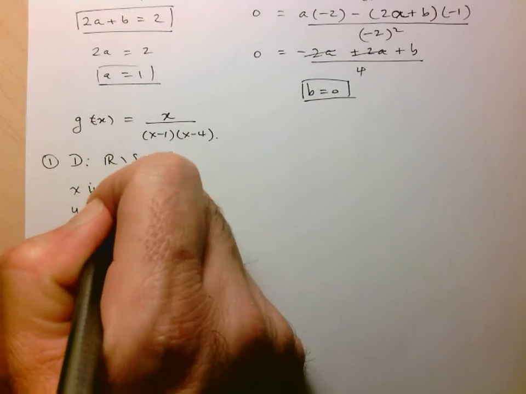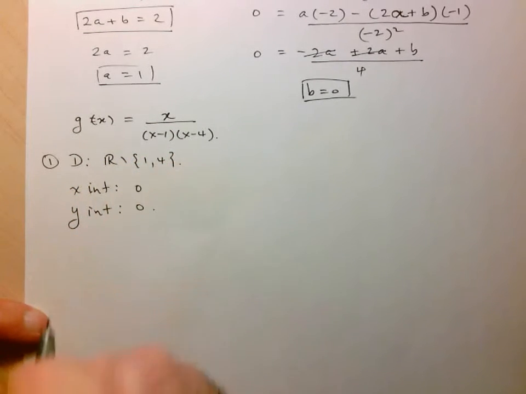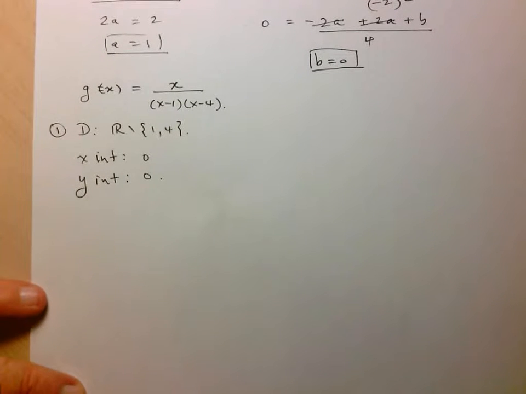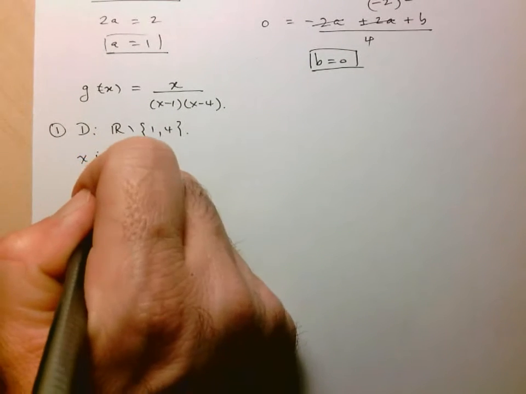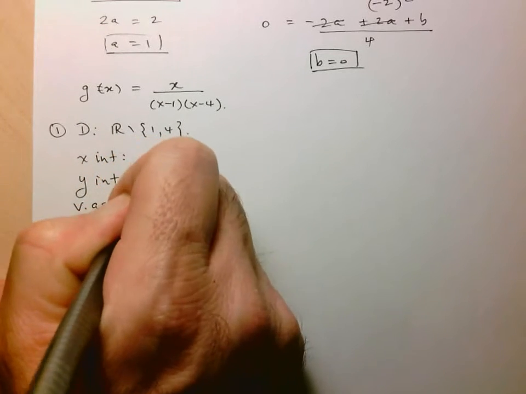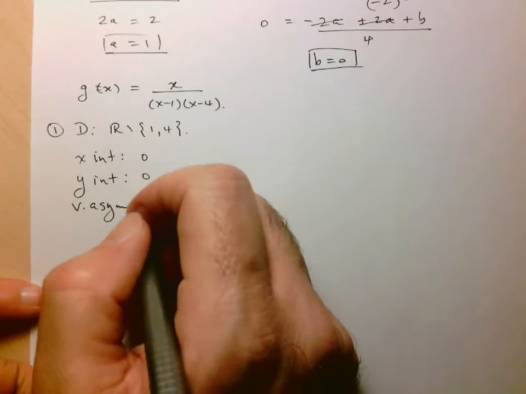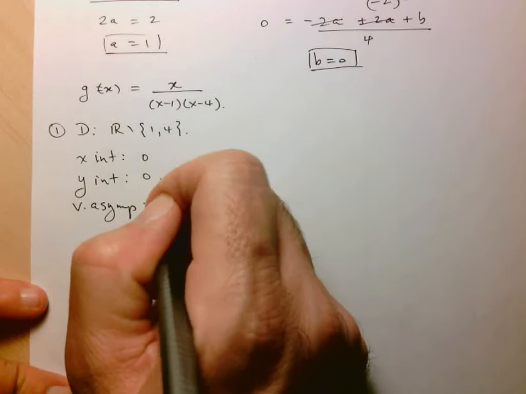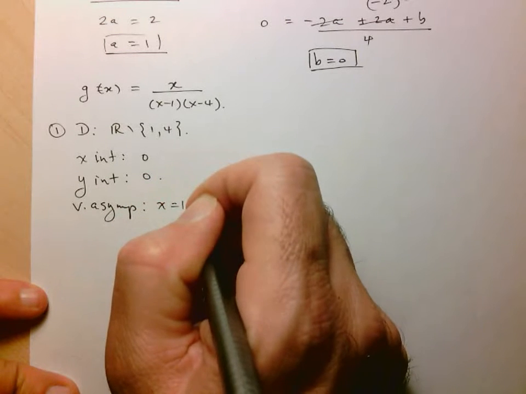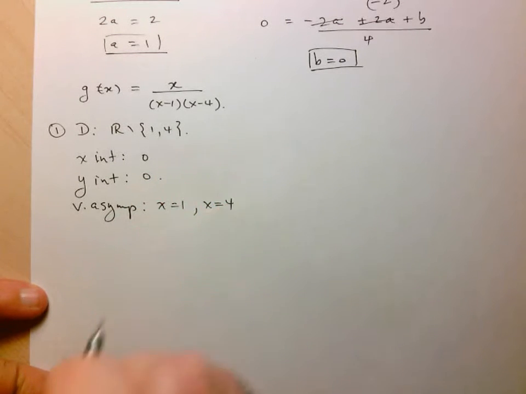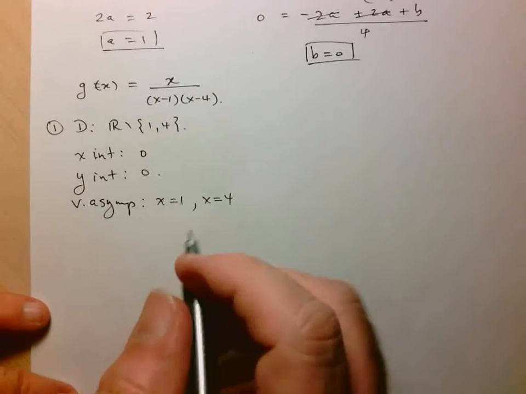And our y-intercept, well, when x is equal to 0, as we already saw, y is equal to 0. So x and y intercepts are both 0. Okay, we have our vertical asymptotes here. That's when the denominators are 0. So x equals 1 and x equals 4 are two vertical asymptotes.